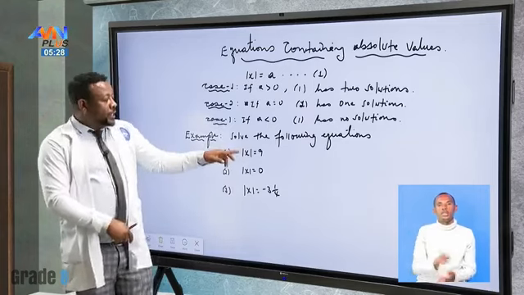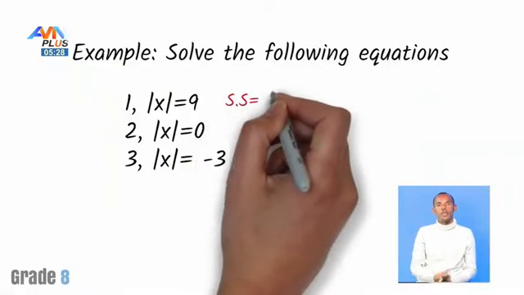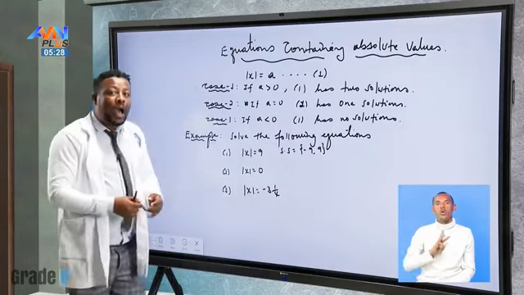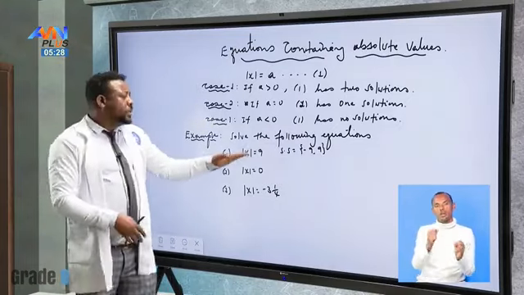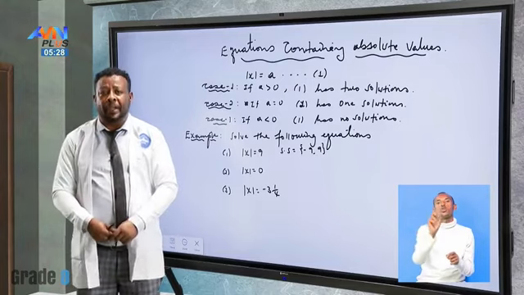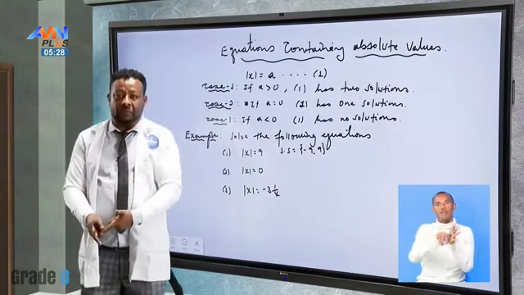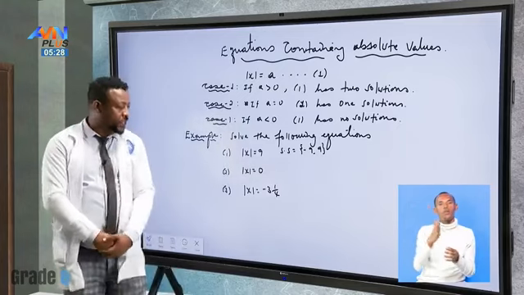So this x can be minus 9 or 9. Okay, we will have two possible values for the first equation. If you make it absolute value of x is equal to 20, the possible values of x will be 20 and minus 20, right? This is how you need to respond to this kind of question.